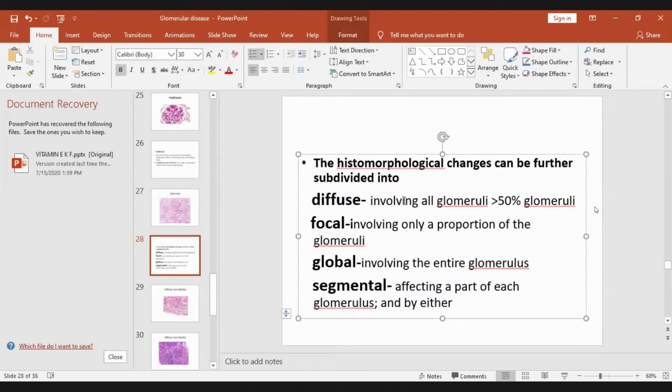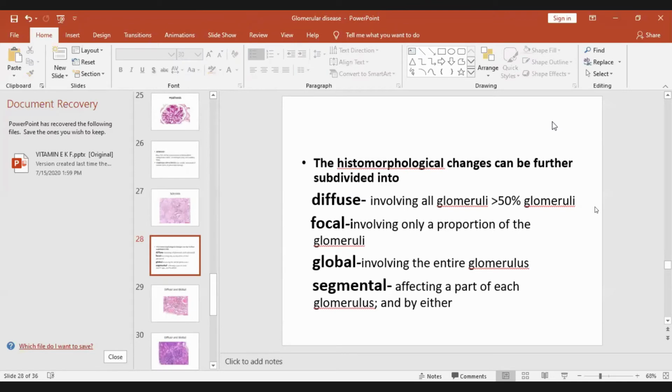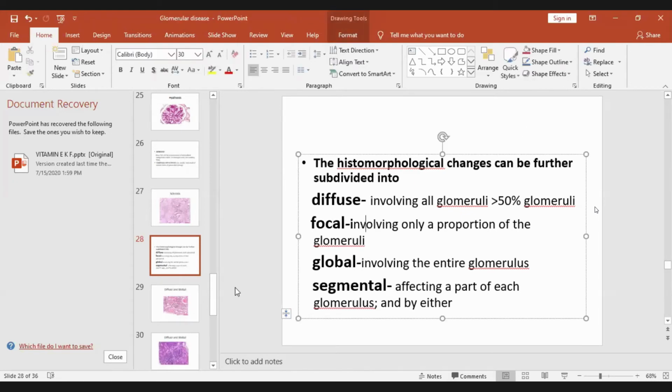Now, these morphological changes in light microscopy are divided further into diffuse and focal involvement. When we talk of diffuse glomerulonephritis, it means it involves almost all the glomeruli, or at least more than 50% of glomeruli are affected by the disease. When we use focal glomerulonephritis, it means involvement of only a portion of glomeruli, not all, less than 50%, but some of the glomeruli are involved.